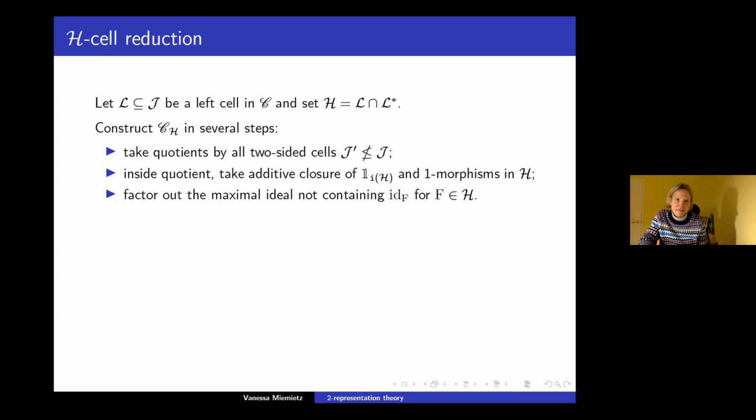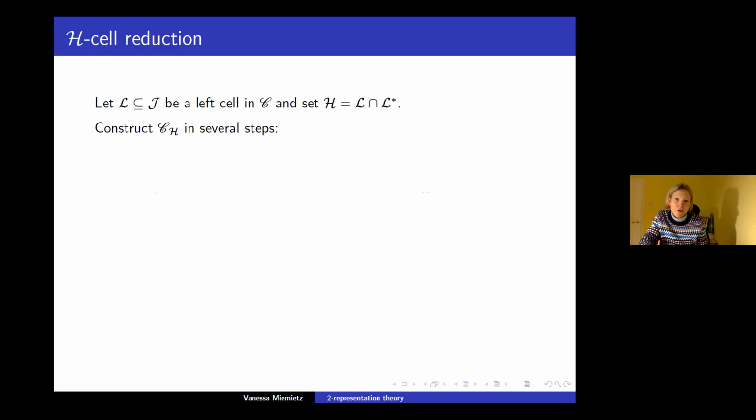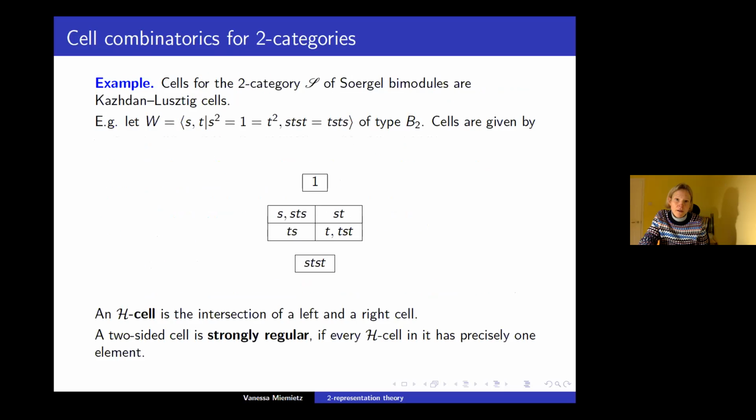That's our 2-category CH, and that's now much, much smaller. Going back to our example, if I pick this H, then rather than having 8 indecomposable 1-morphisms, I now have 3 indecomposable 1-morphisms, namely the identity, S, and STS.